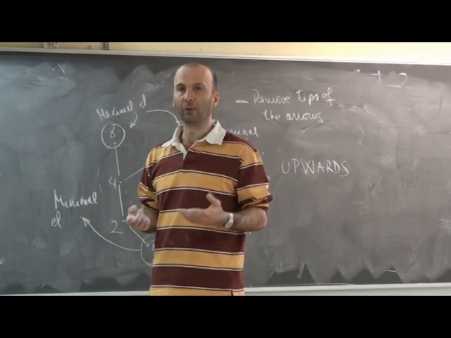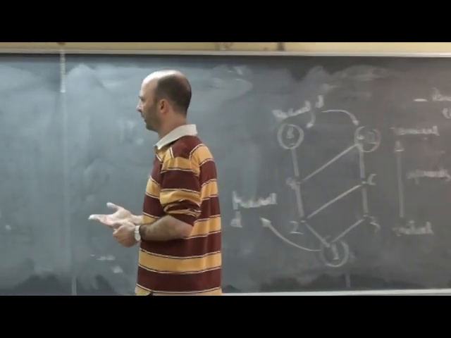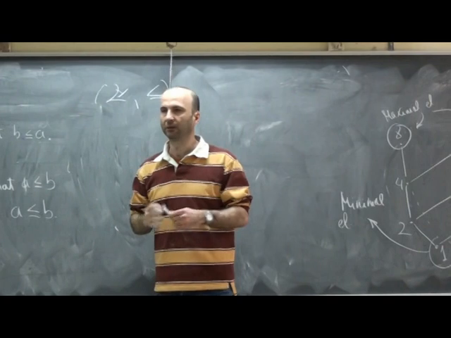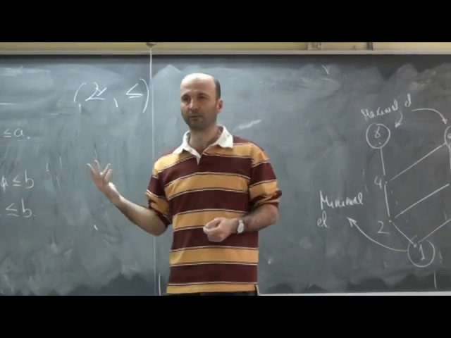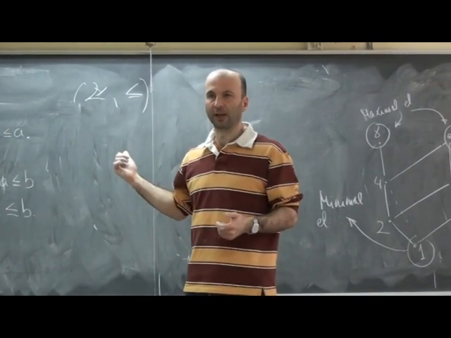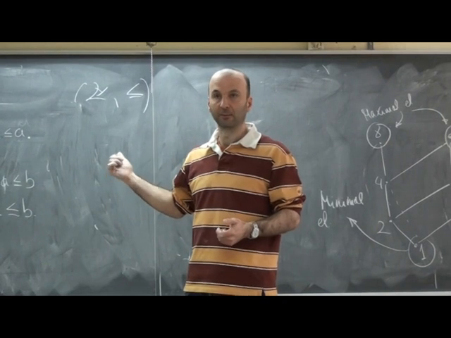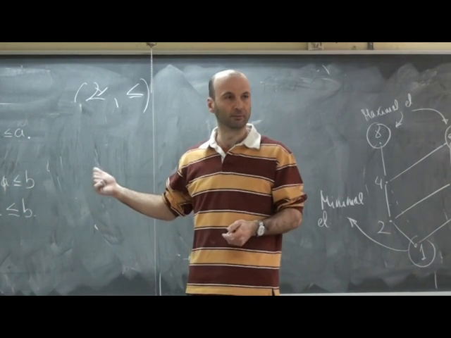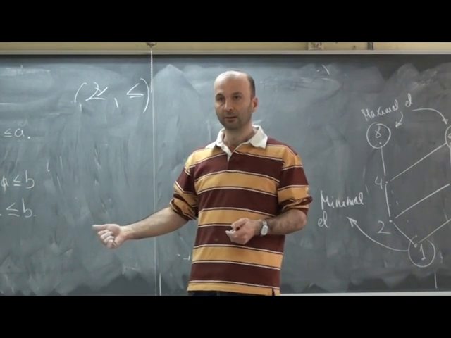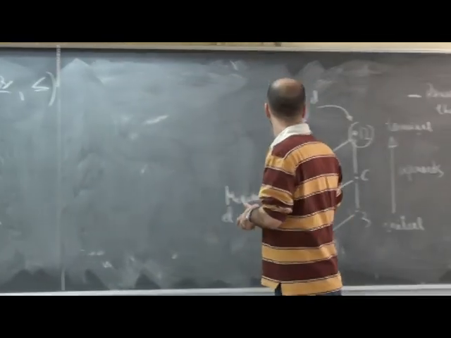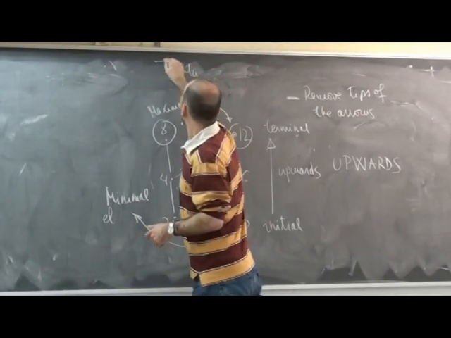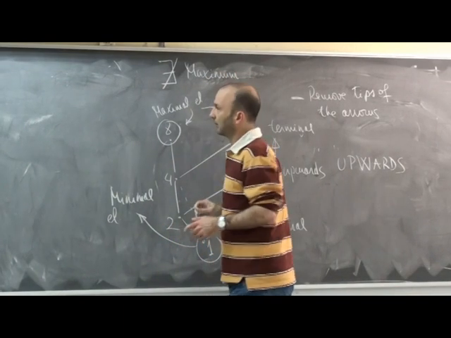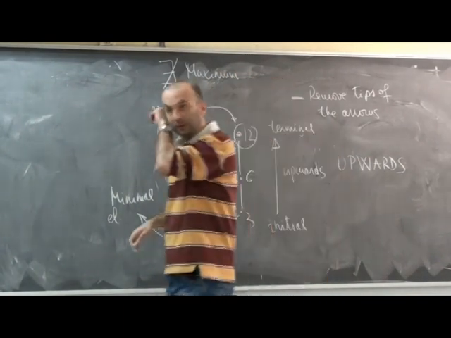When you have an infinite set, what's the maximum? For example, this set with the usual order. What's the maximum element? There is none. Minimal, there is none. Minimum, definition down in a second. None. Right? So for this set, there is no maximum.